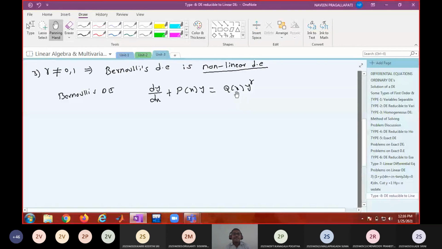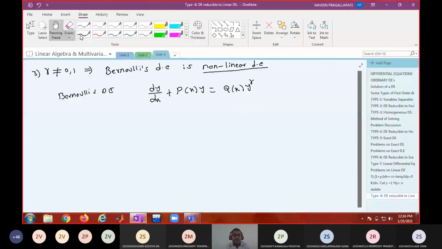Divide with y power r on both sides, or multiply both sides with y power minus r.